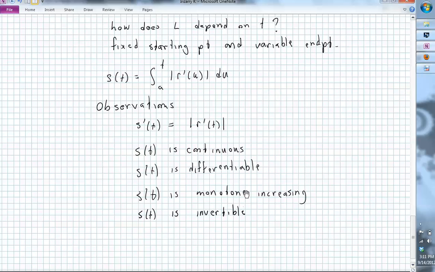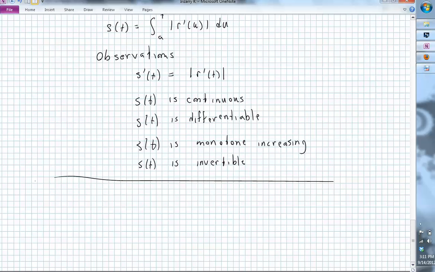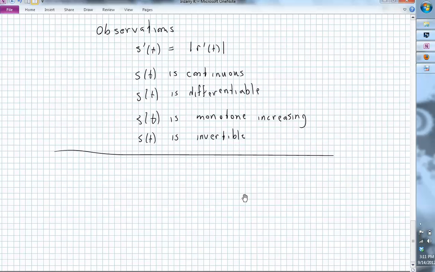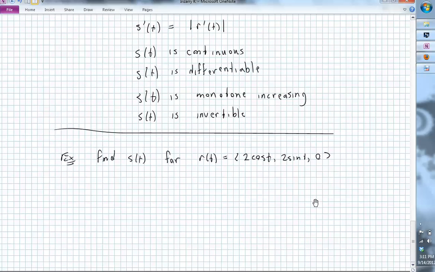For example, let's find S of t for R of t equals 2 cosine t, 2 sine t, 0. All right. So we need R prime, which we've already done several times now.